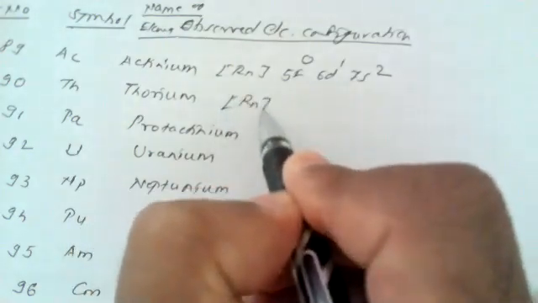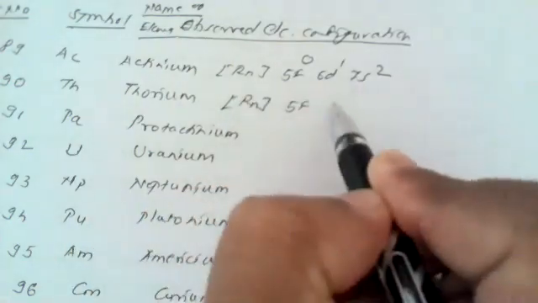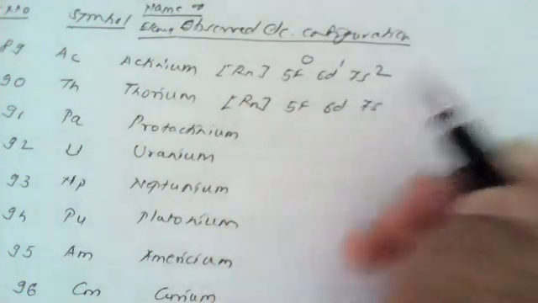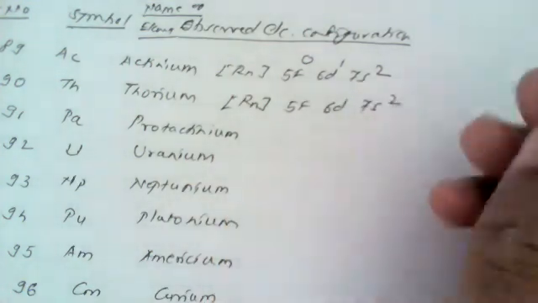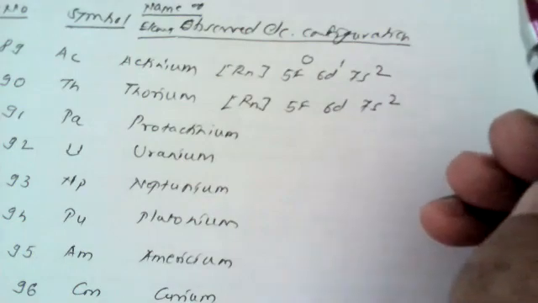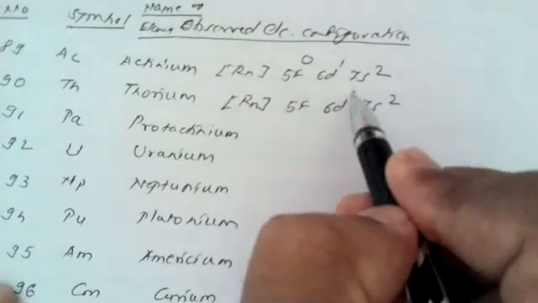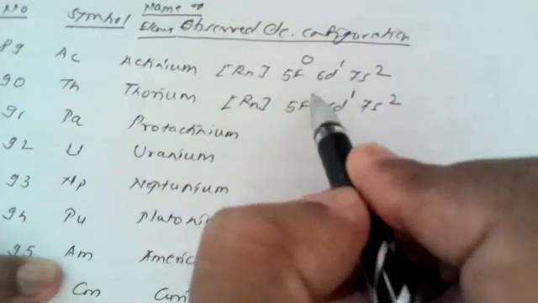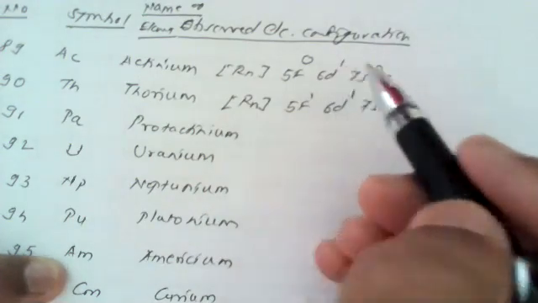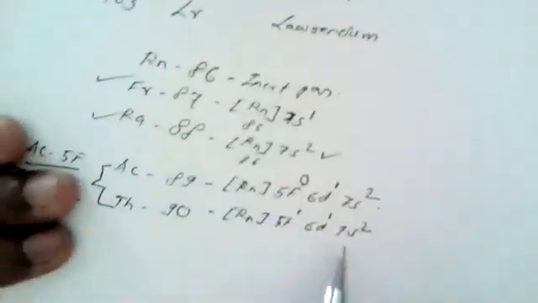Then you have to write for radon, 5f, 6d, 7s. No question about 7s, you have to write directly 7s2. Again, 6d1 and 5f1. Sorry. Here, this is the ideal electronic configuration.